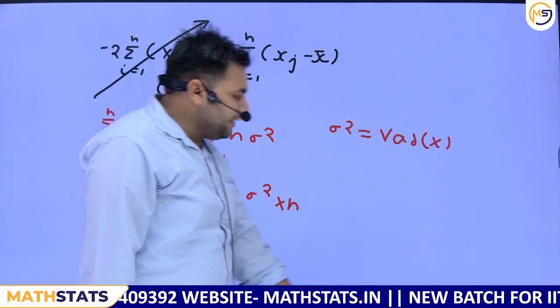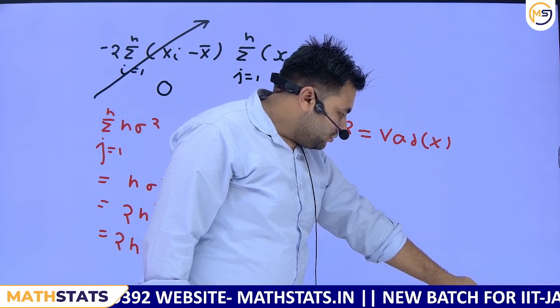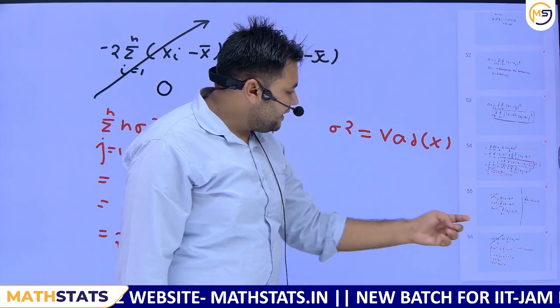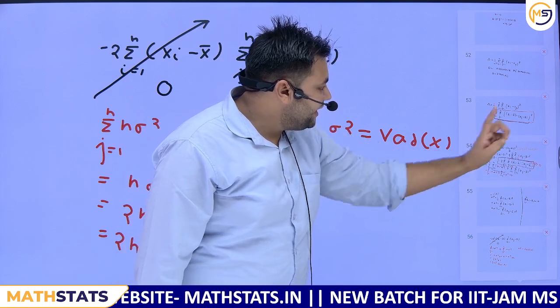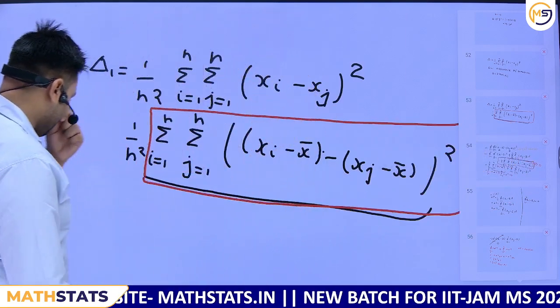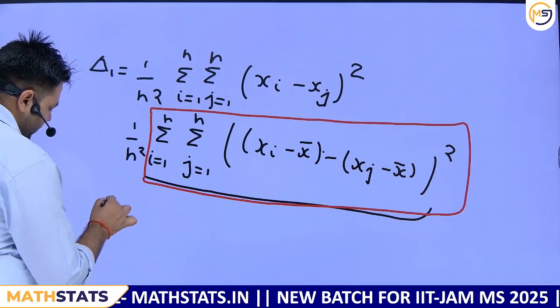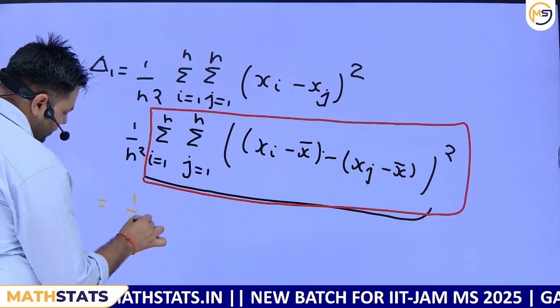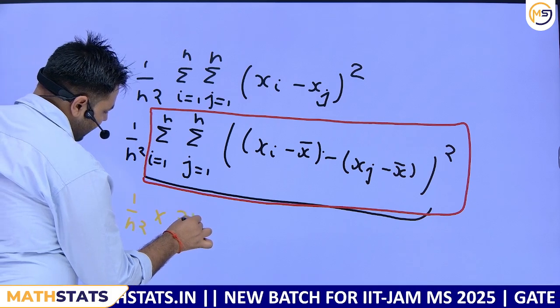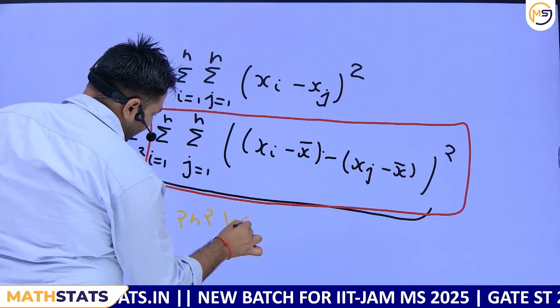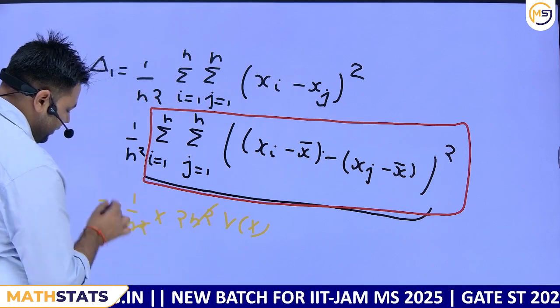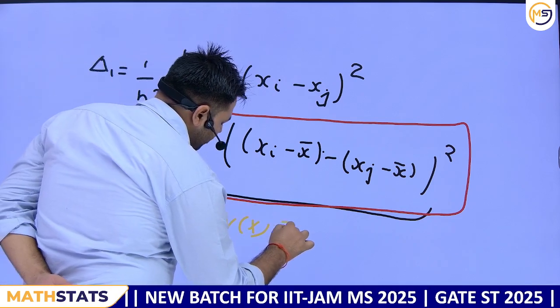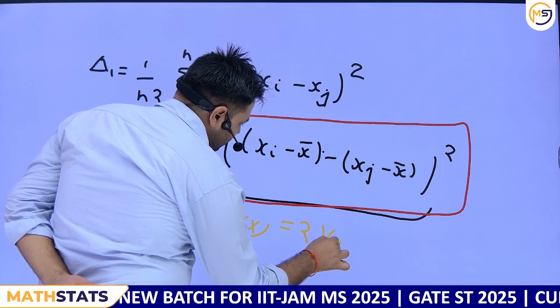So when you put the value in this equation, you will get 1 upon n square into 2 n square variance of x. This n square cancels out n square. You will get 2 variance of x.